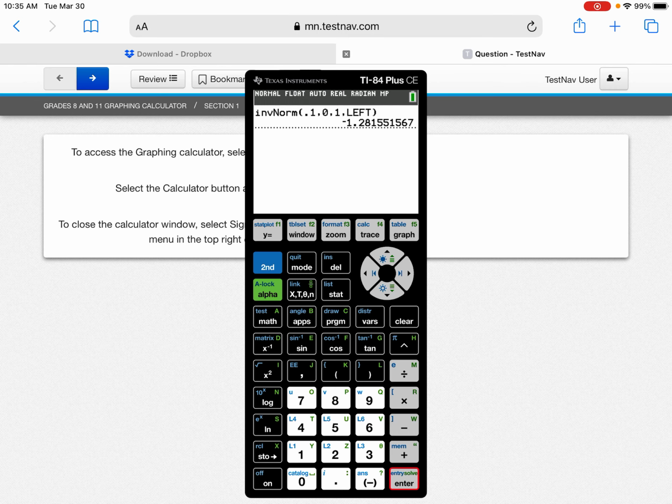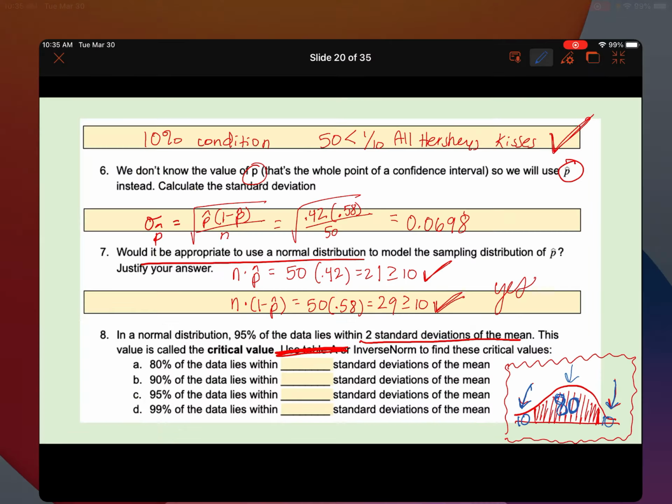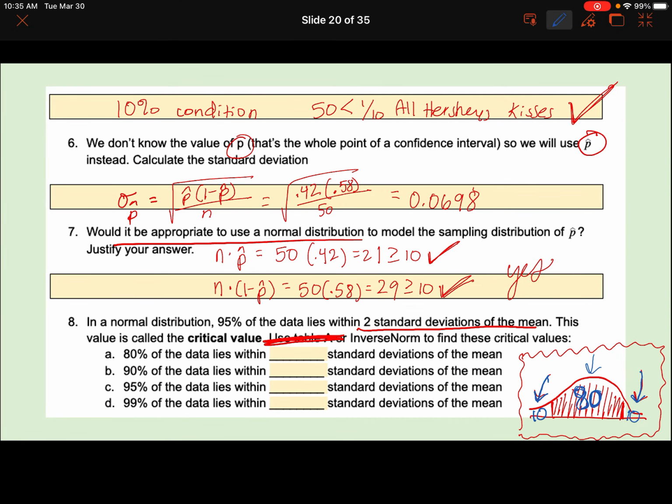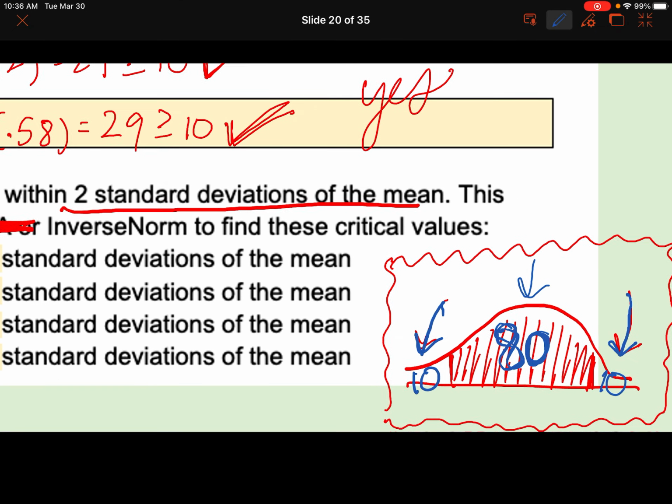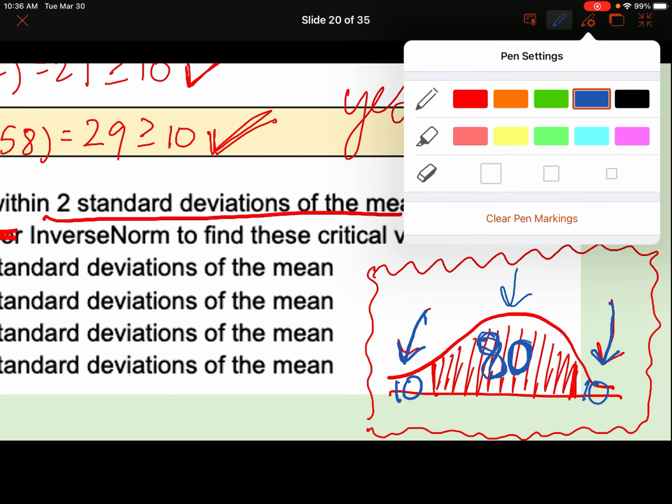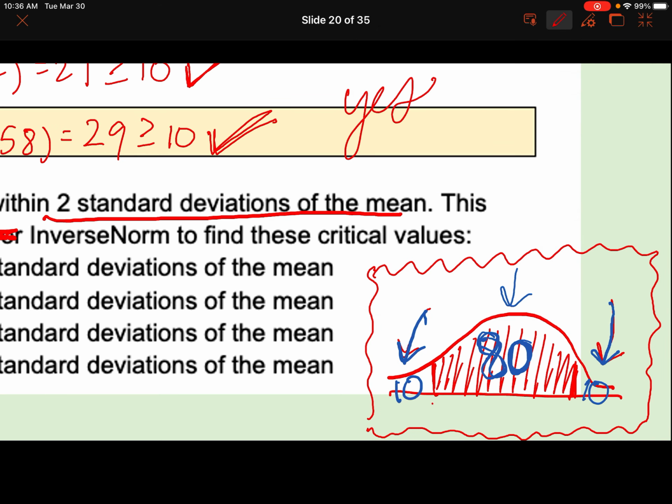Okay, yeah, no, I understand that. That makes sense. So remember that number, negative 1.28, and then I'll jump back to my slides. So what that tells us is that the z-score right here is negative 1.28.